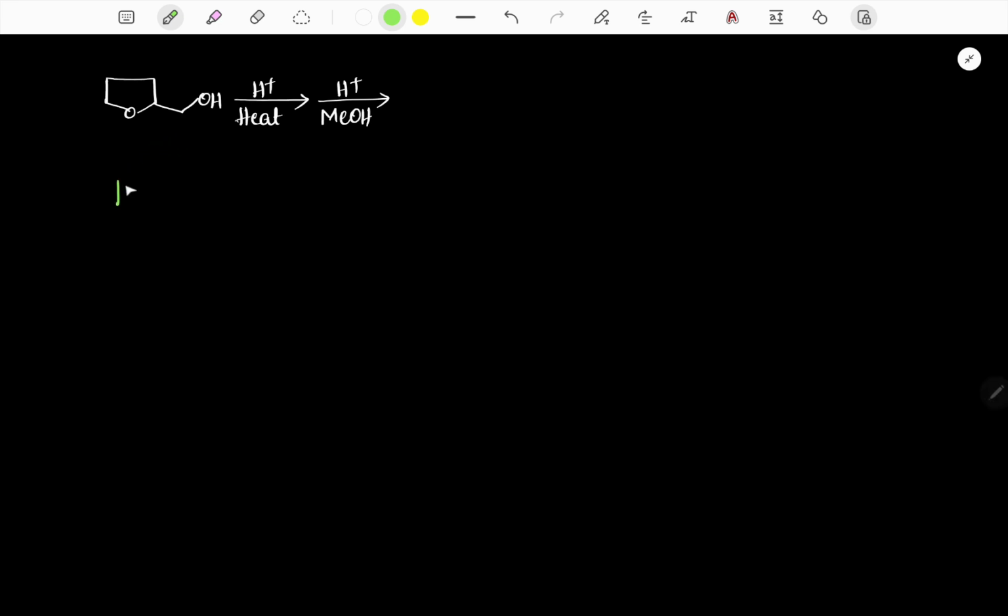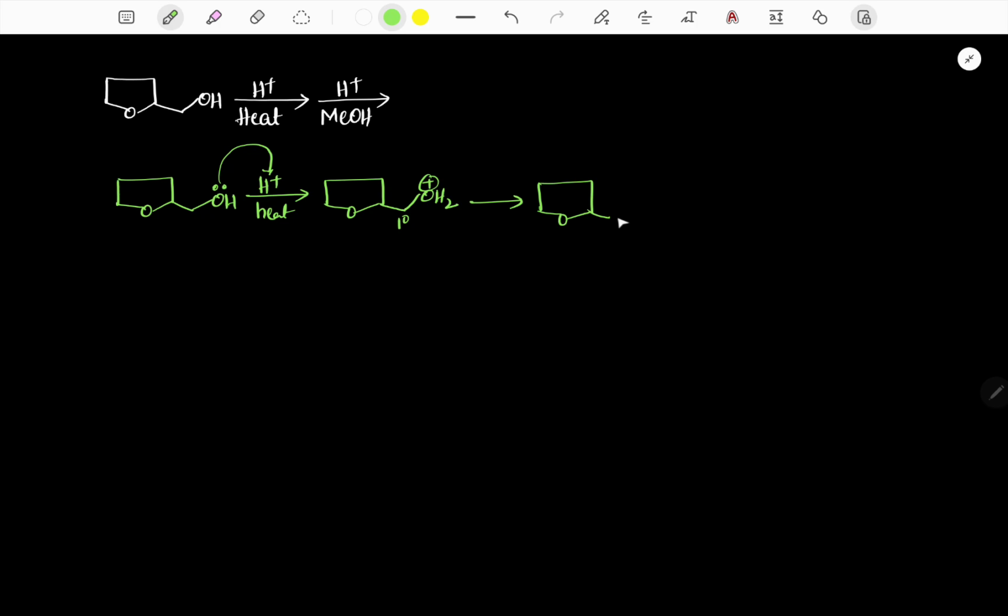So the first compound is an alcohol and ether. When this reactant is heated in the presence of H plus, we expect alcohol dehydration. The lone pair attracts the proton and forms the corresponding OH2 plus. Even though it is primary, in the case of dehydration, C plus will form.